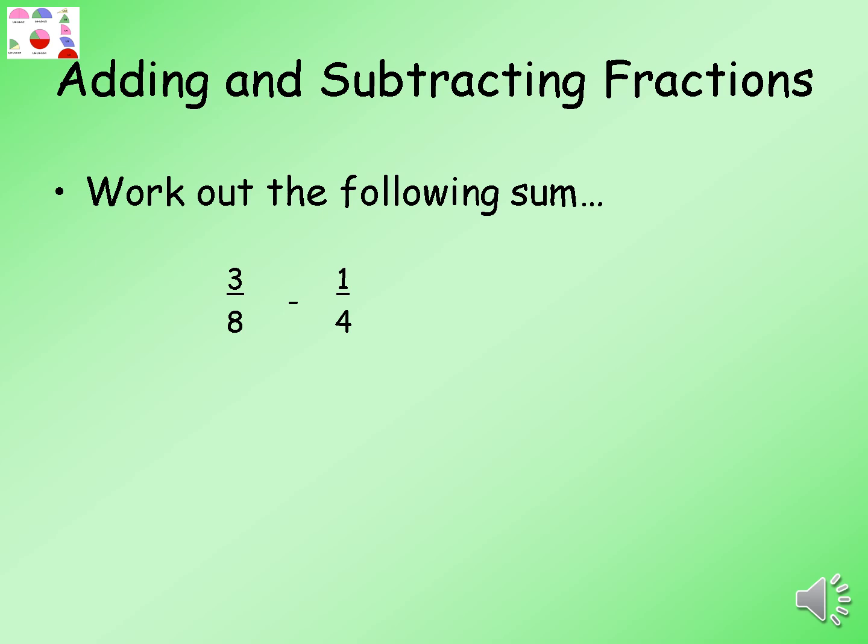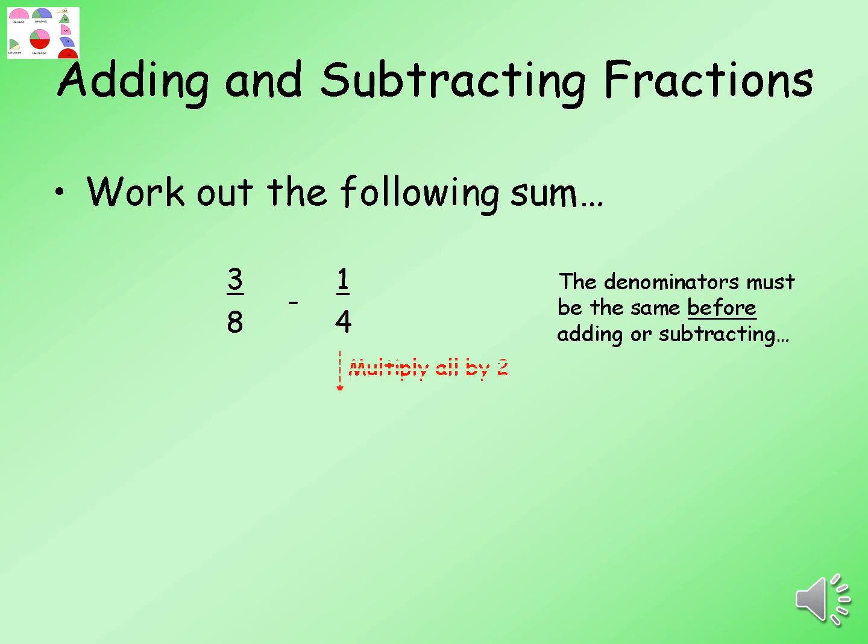So we have the sum here, 3/8 take away 1/4. So remember, we must look at the common denominator. So here the denominators are 4 and 8. So remember, the common denominator could be one of the numbers or one of the multiples of the numbers. So here of course it is just 8, because 8 goes into 8 and 4 goes into 8.